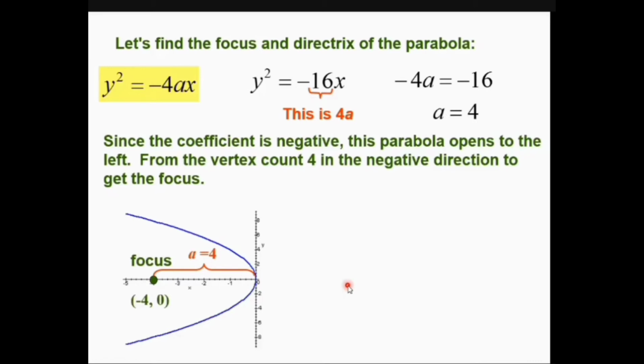Yan po yung focus. And its coordinate is negative 4, 0. Ito naman po yung directrix, 4 units in opposite direction. So, x is equal to 4, yung equation ng line of the directrix. Okay, so yun na po yung graph niya.